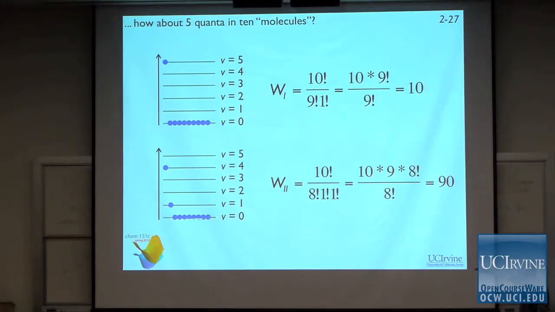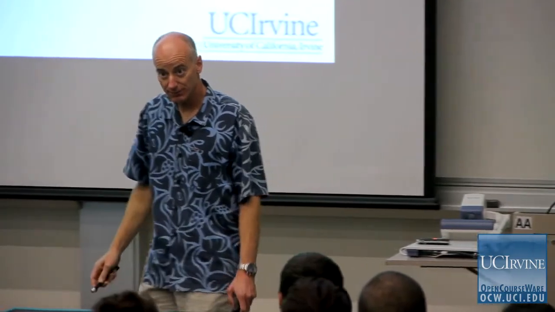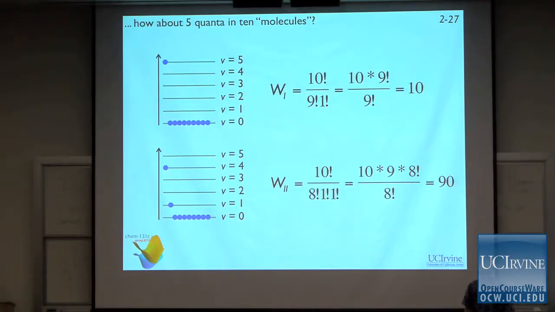There's 8 guys that have this ground state energy, so I'm going to have 8 factorial there, 1 factorial, 1 factorial, a bunch of 0 factorial. So that's 90. How do I know that? 8 factorial cancels with 8 factorial, and I'm left with 9 times 10 is 90. So there's 90 ways to generate that, or 90 microstates that have that configuration. You with me so far?